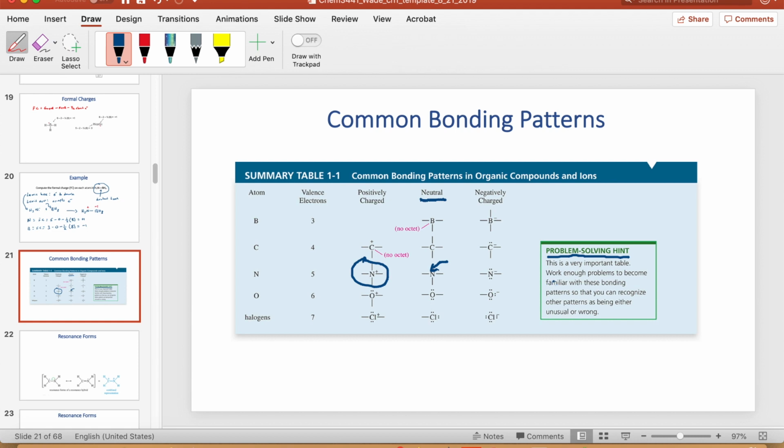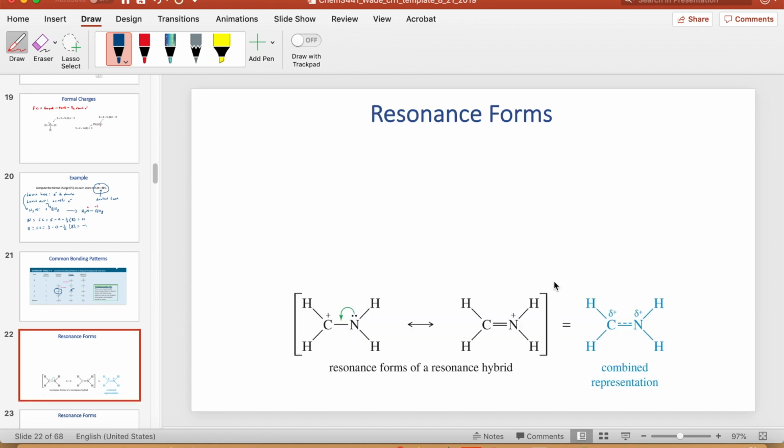All right. So the next bit here, what we're going to talk about, are, of course, resonance structures. Resonance structures of compounds basically mean we have a compound that's a hybrid of all of these different resonance structures.